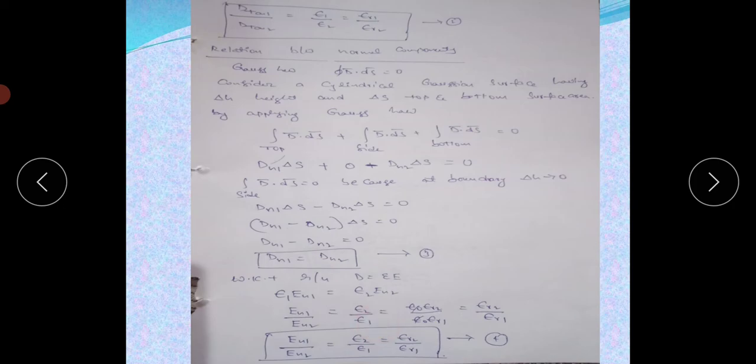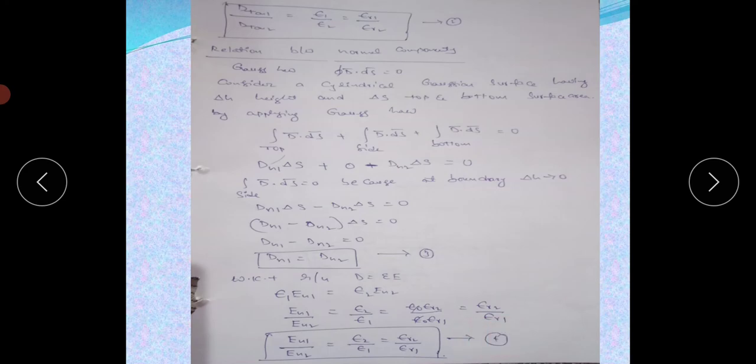Epsilon equals epsilon naught into epsilon r, so epsilon 2 equals epsilon naught epsilon r2 and epsilon 1 equals epsilon naught epsilon r1. So it equals epsilon r2 by epsilon r1. Finally, En1 by En2 equals epsilon 2 by epsilon 1, which equals epsilon r2 by epsilon r1.